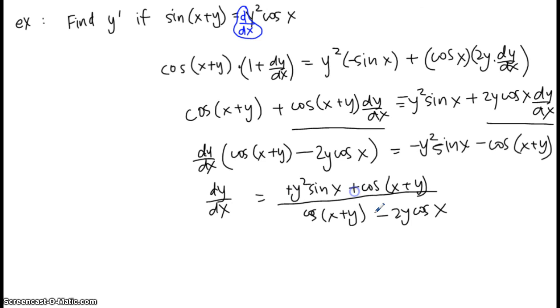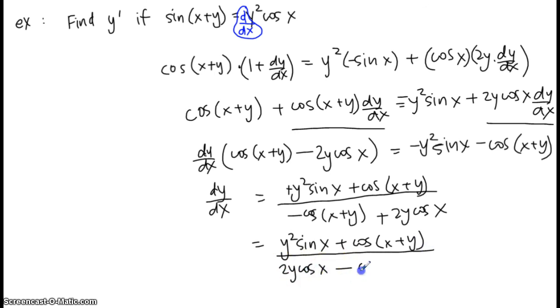I would just do one more fix and just switch these. So y squared sine of x plus cosine of x plus y, just to clean it up a bit. And then on the bottom, I get 2y cosine of x minus cosine of x plus y. So this would be my y prime.